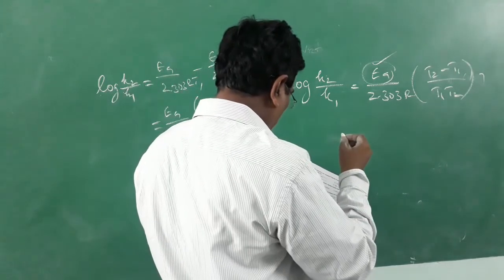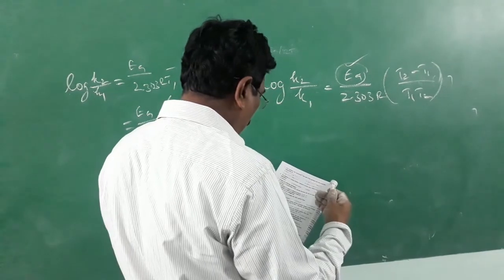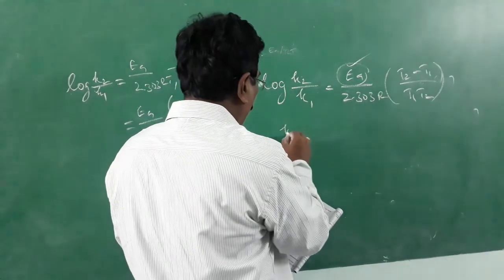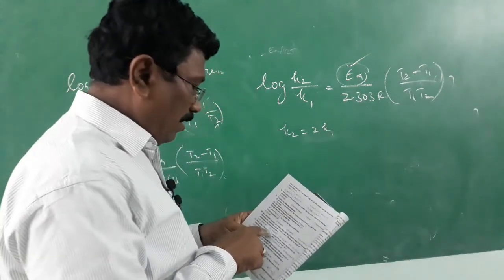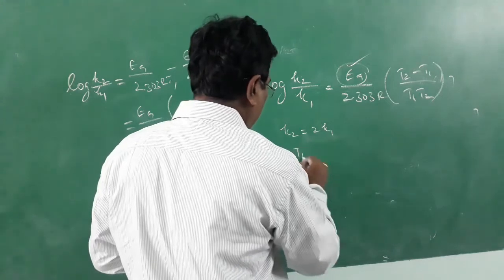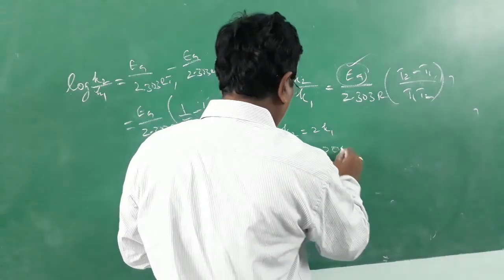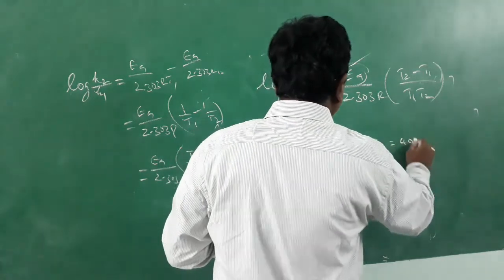When the temperature is raised from 200 to 400 Kelvin, the rate constant is doubled. K2 is equal to 2K1. T1 is equal to 200 Kelvin, T2 is equal to 400 Kelvin.